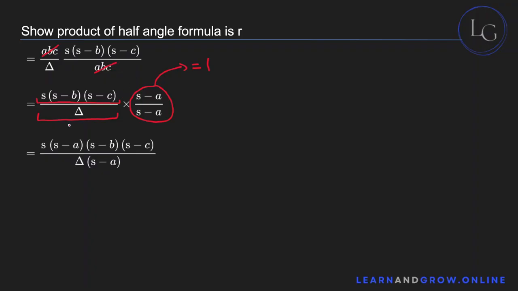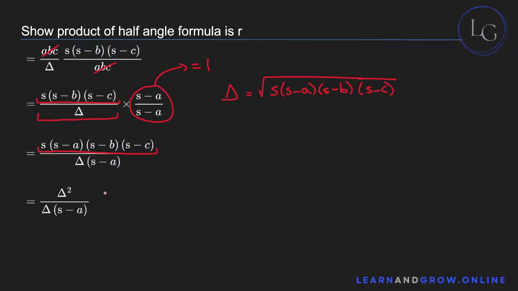So now that you have this, once you apply the Heron's formula on this numerator, if you remember, the Heron's formula states that the area of the triangle is equal to under root S into S minus A into S minus B into S minus C, right? So basically this numerator is equal to the area of the triangle whole square, right?